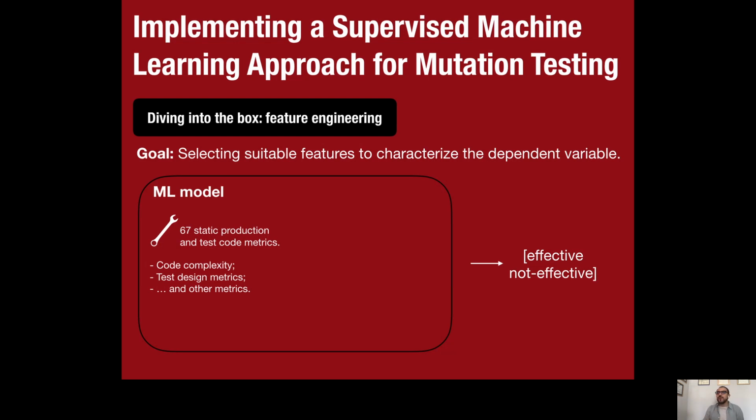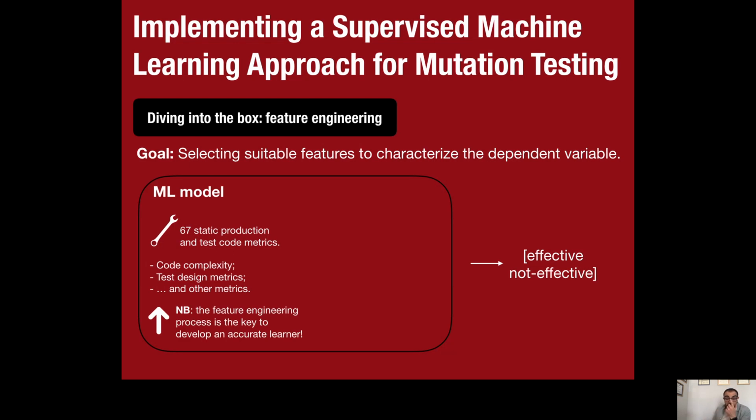Among them, we identified some metrics like the complexity of source code, test code design metrics, like for instance test smells, which are symptoms of the presence of poor design choices applied when developing test code, and so on. But the most important thing here is to understand that we focused on statically computable production and test code metrics.